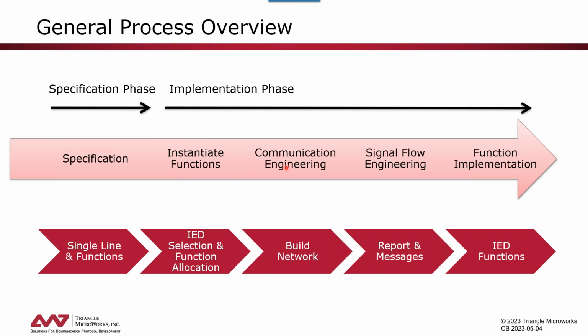Then we need to do communication engineering for the IEDs, and the signal flow required for the application needs to be translated into GOOSE and sample value messaging, as well as into reporting. Finally, the functions need to be implemented in the IEDs, which may include some logic configuration and signal binding.